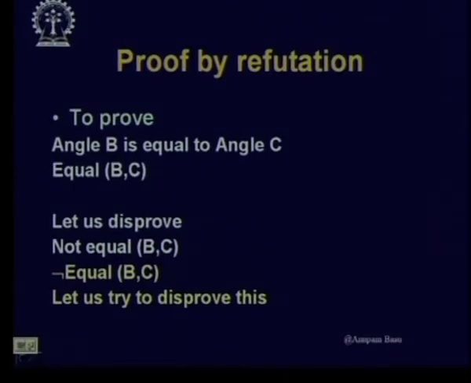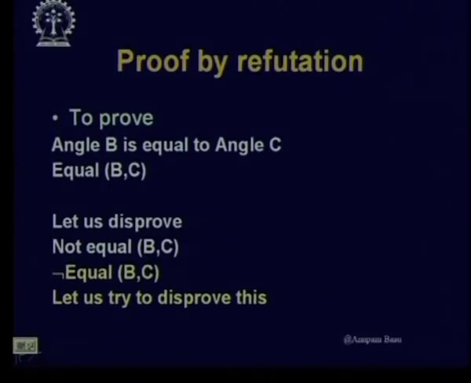This is a very well known proof method, where in order to prove that B and C are equal, we first try to prove B and C are not equal and fail to prove it. So, we try to disprove not equal BC. Our goal or objective is to prove this equal BC. So, we start with not equal BC and we try to disprove it.